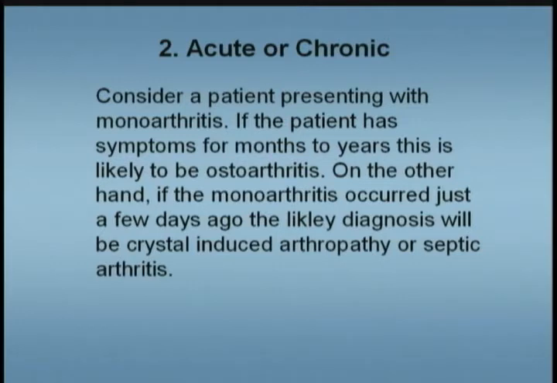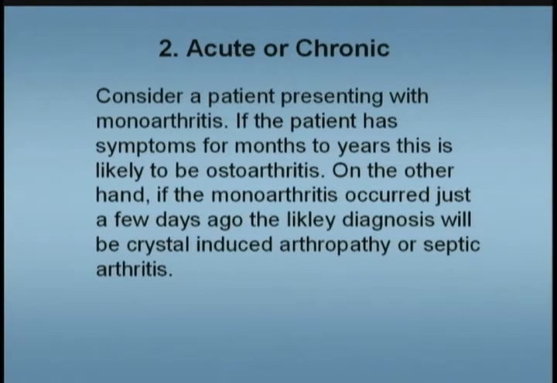It's osteoarthritis, septic arthritis, or crystal-induced arthropathy. On the other hand, if the monoarthritis occurred just a few days ago, the likely diagnosis will be crystal-induced arthropathy or septic arthritis. Totally different disease. So just the chronicity cuts your diagnosis right to 1 or 2 cases.